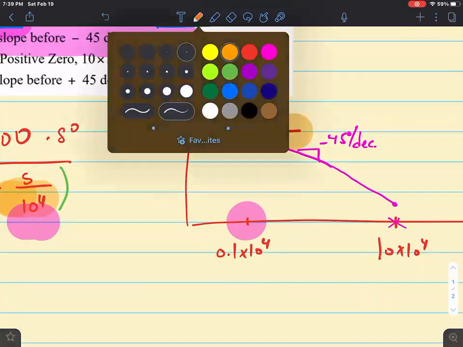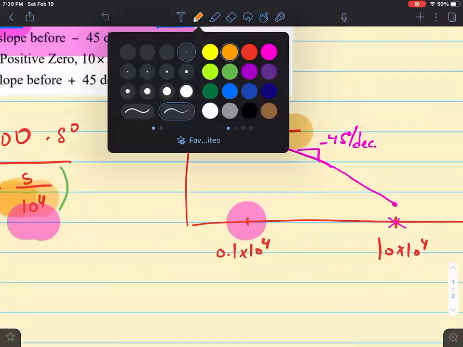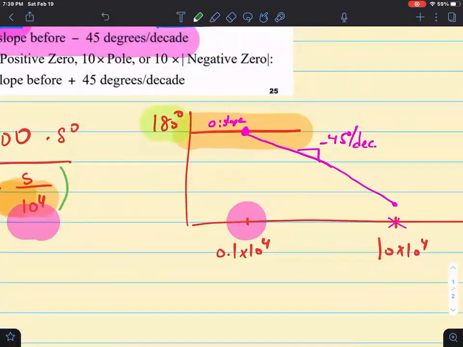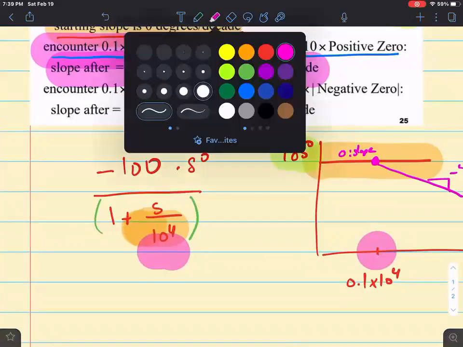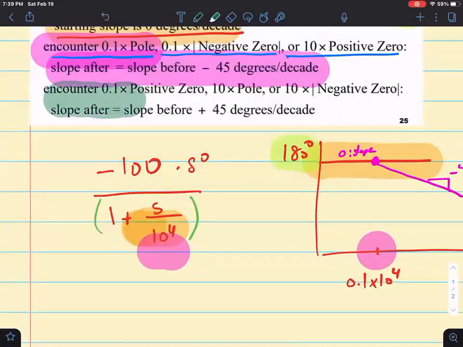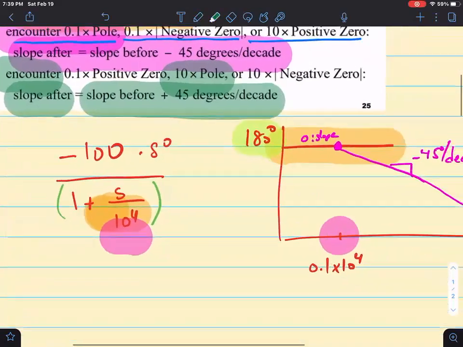And this marked point tells me, well, I have encountered a 10 times a pole. So here, according to this rule, if we encounter 0.1 times a positive 0 or 10 times a pole, in this example we have encountered 10 times a pole, okay, then the slope after equals the slope before plus 45 degrees per decade.